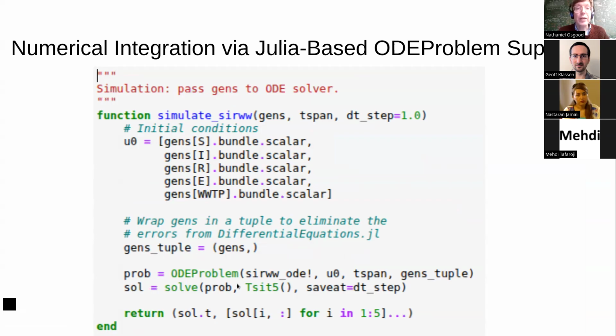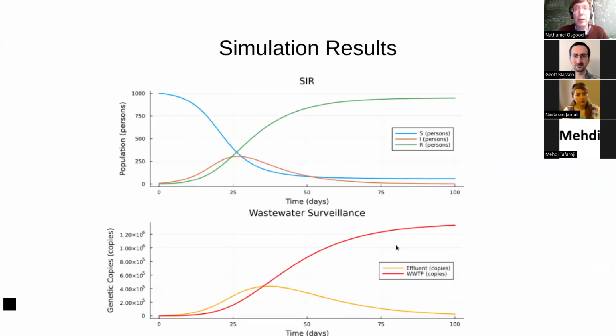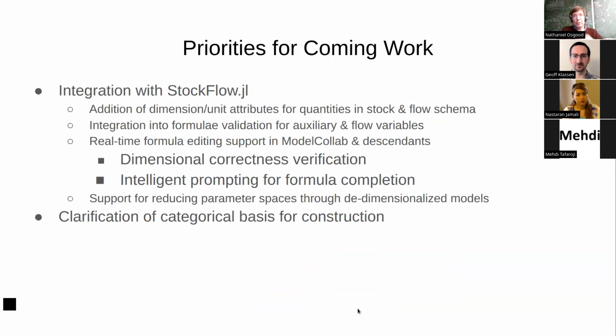So she has an ODE problem, and she can simulate it, and she can get out results that are dimensional quantities, that are not merely numbers, but are numbers with associated units and by extension dimensions. This is really impressive. Okay, time is running on.